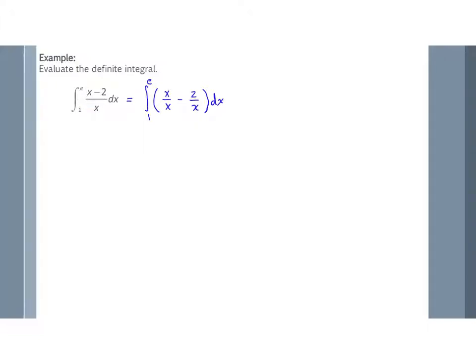So this was just cosmetic. And we have the integral from 1 to e of 1 minus 2 over x. Which, if it helps, I can rewrite as the integral from 1 to e of 1 minus 2 times 1 over x.